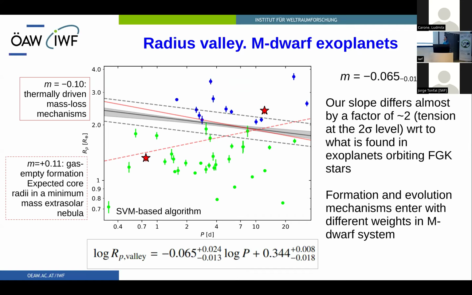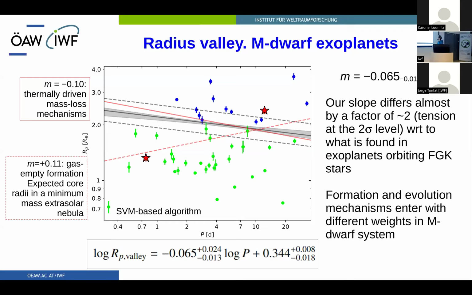Then I applied a support vector machine algorithm, available in the sklearn Python package, in order to establish the best fit line separating these two clusters of data points. I then bootstrapped the planet locations 10,000 times in order to retrieve the 1 sigma uncertainty of the best fit line.